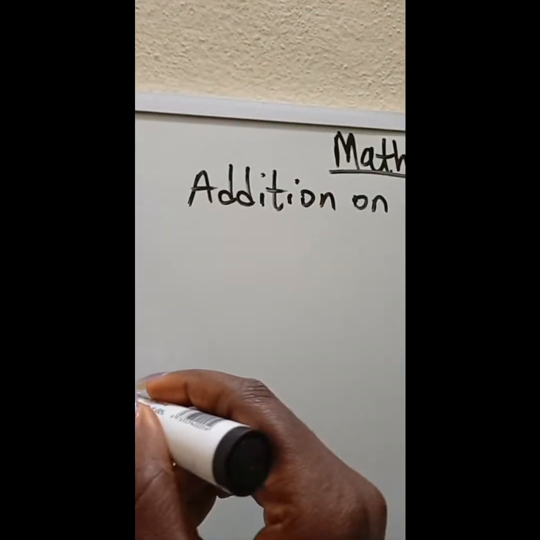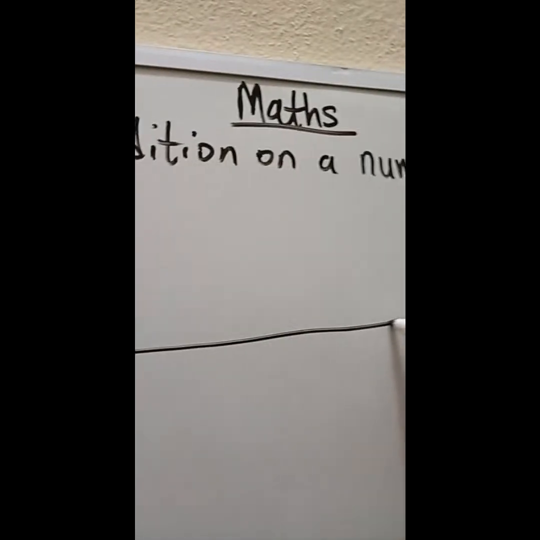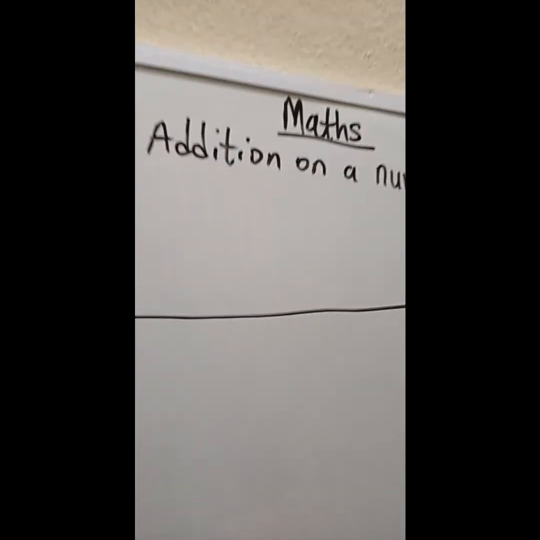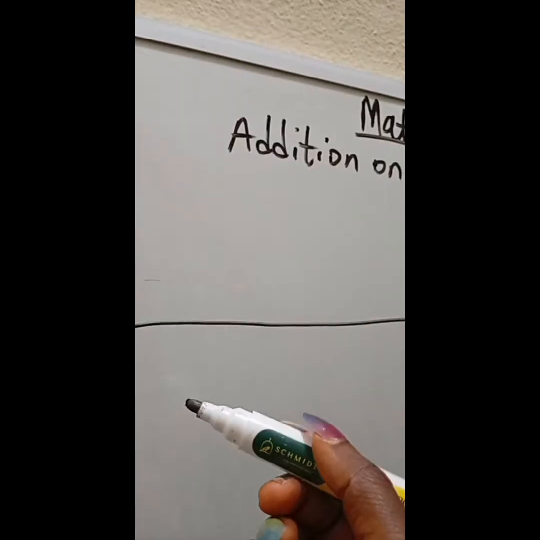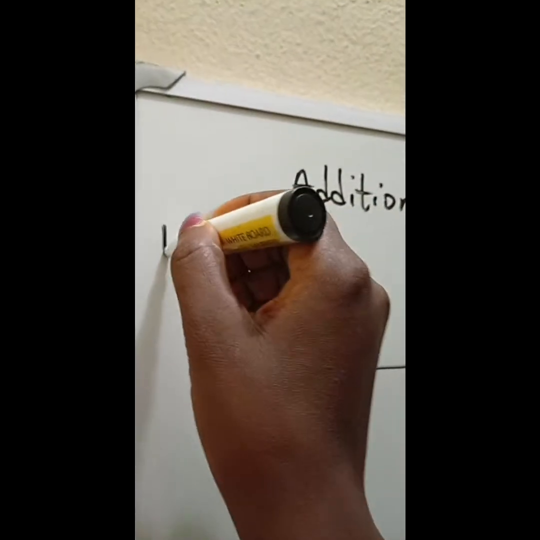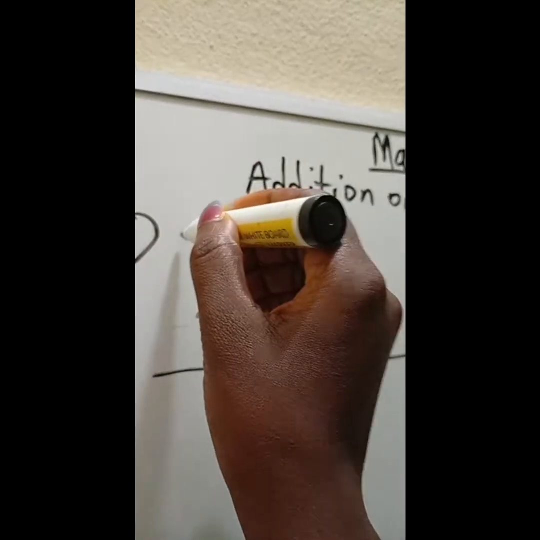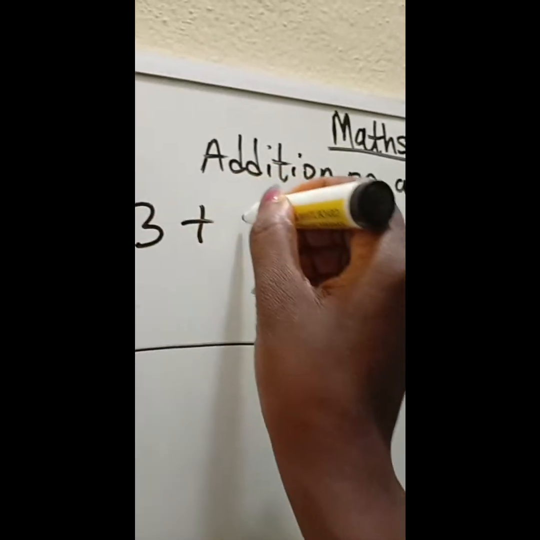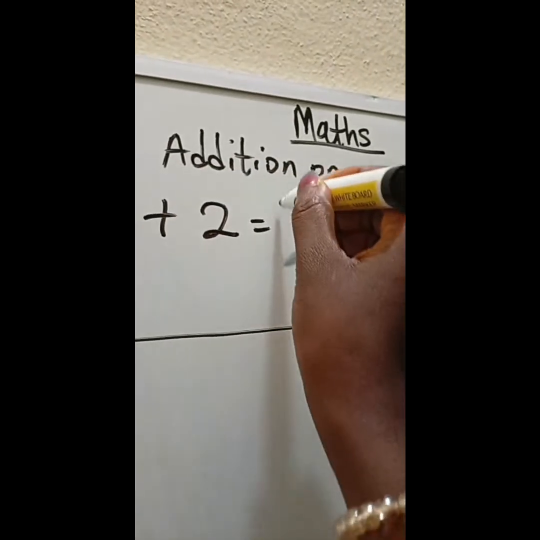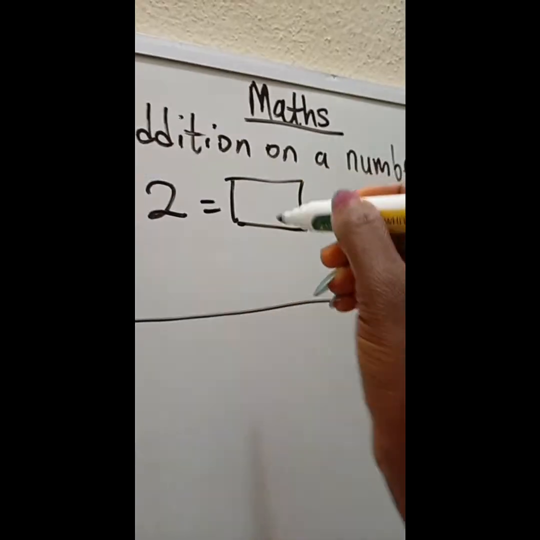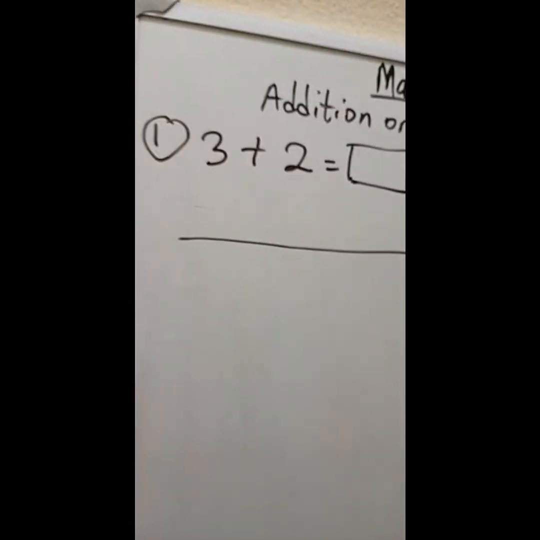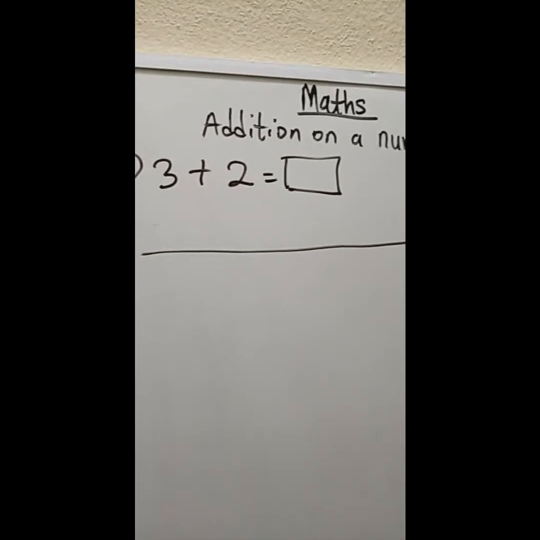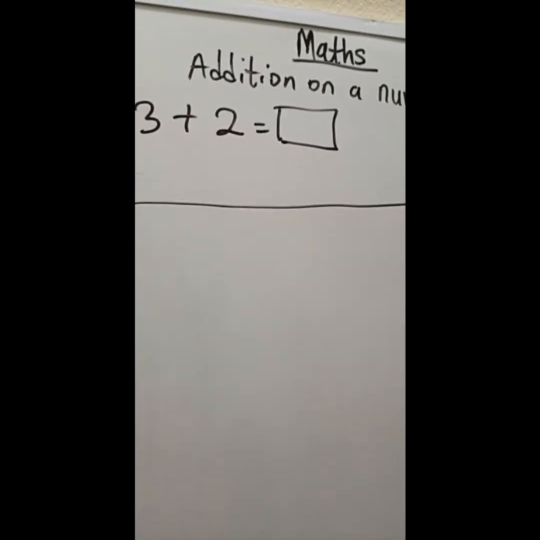First of all, you draw a straight line like this. For example, you are given 3 plus 2 equals what? And you're asked to solve this using a number line.